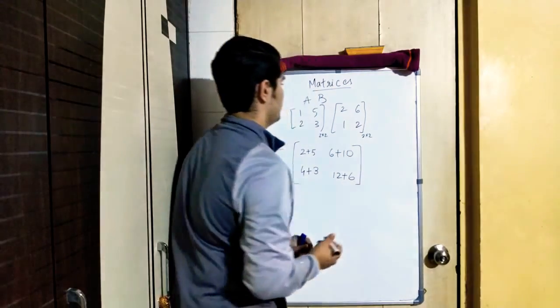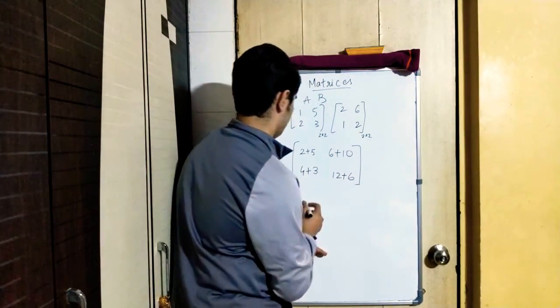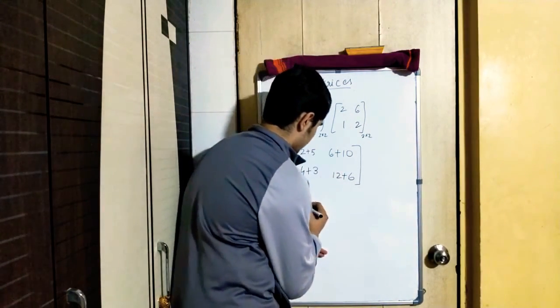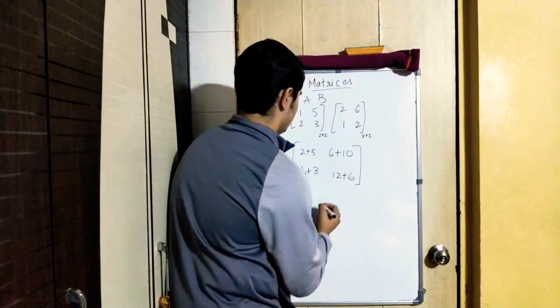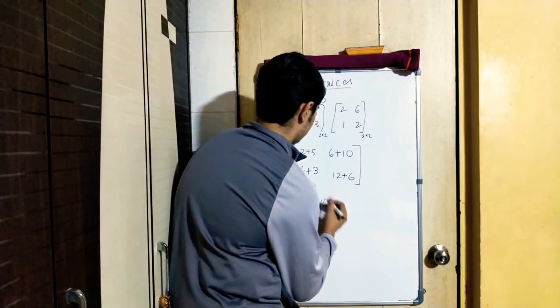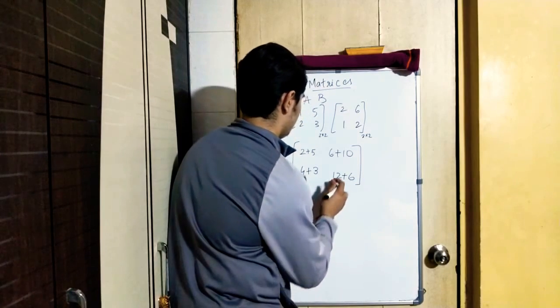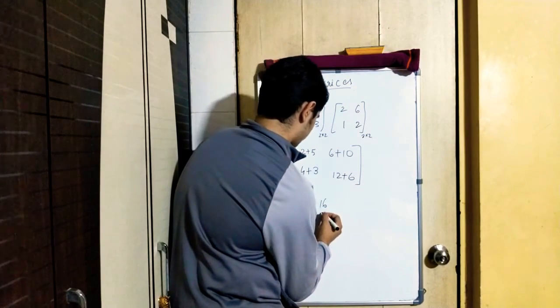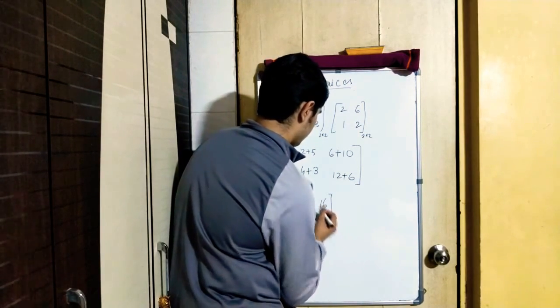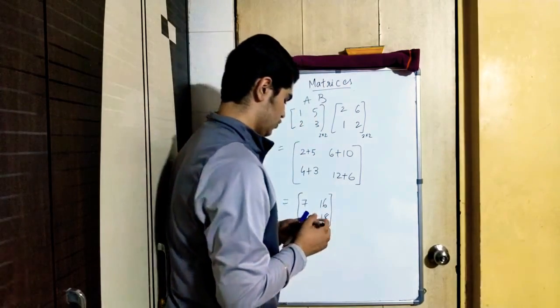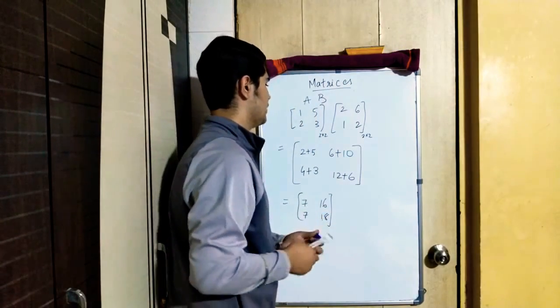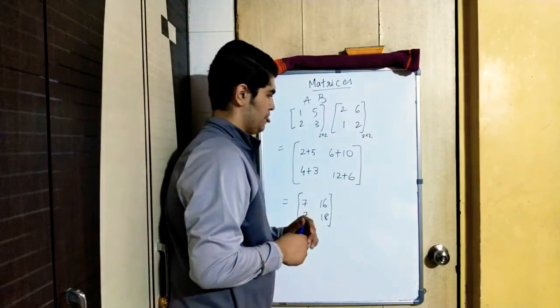So this is how we multiply two matrices. 2 plus 5 is 7, 6 plus 10 is 16, here it is 7 again, and here it is 18. So this was an example of how to multiply two matrices.